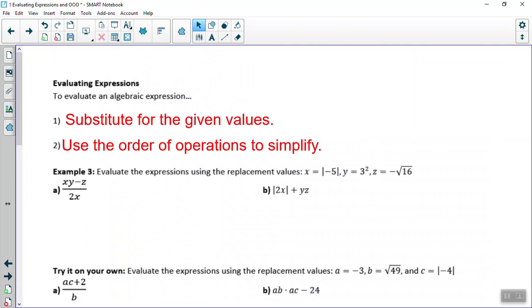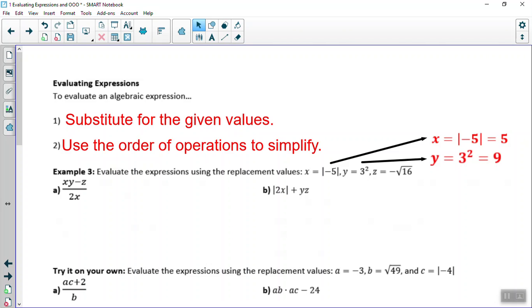Well, those look awfully complicated, so why don't we try and simplify those down a little bit. So the absolute value of negative 5 is actually 5. So for x, instead of substituting in the absolute value of negative 5, we're just going to substitute in 5. For y equals 3 squared, well, 3 squared actually has a value of 9.